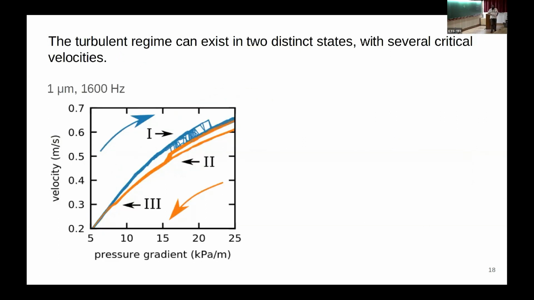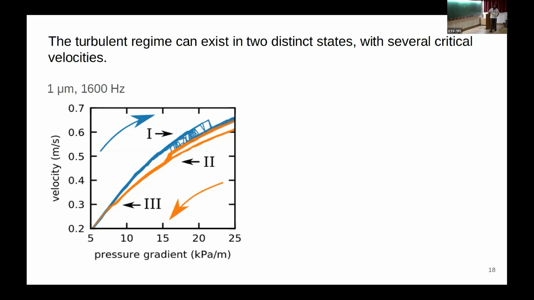If you look at it more closely, the general behavior in, let's say, 1 micrometer and 1600 hertz oscillating flow, 1 micrometer tall, but about 1.6 millimeter in this case wide.